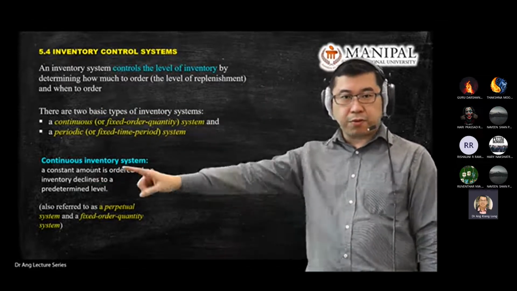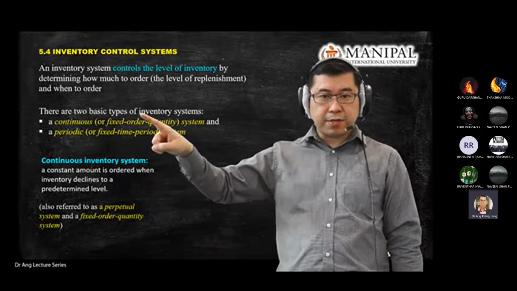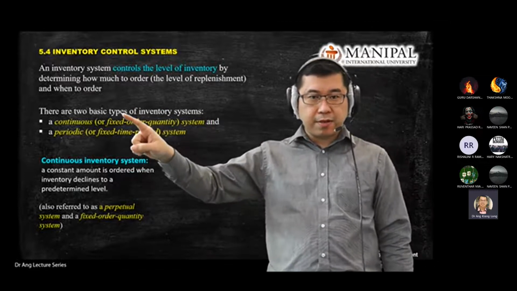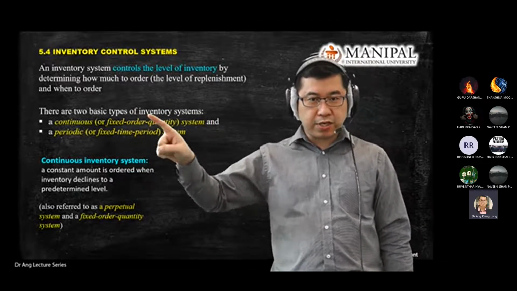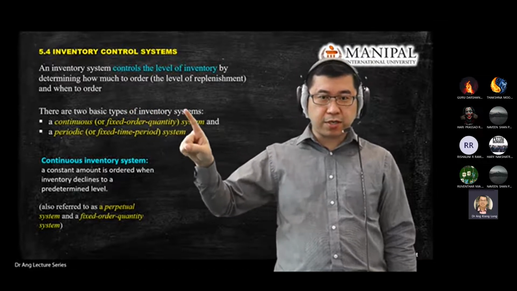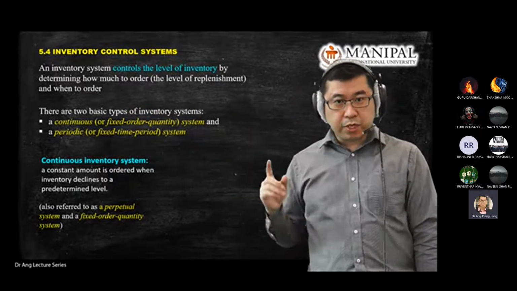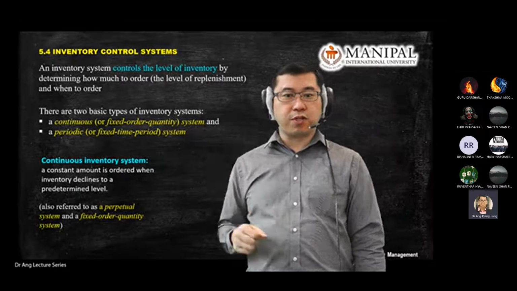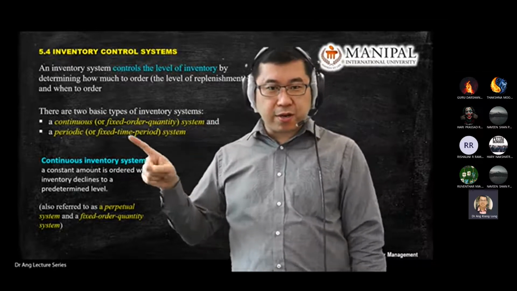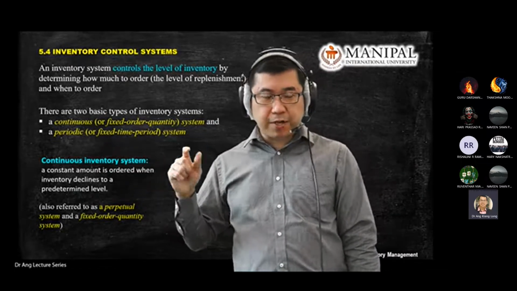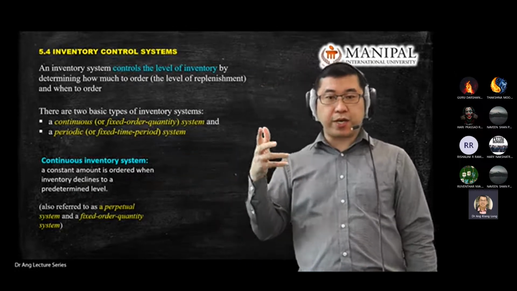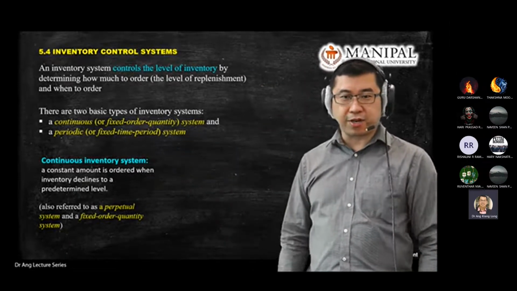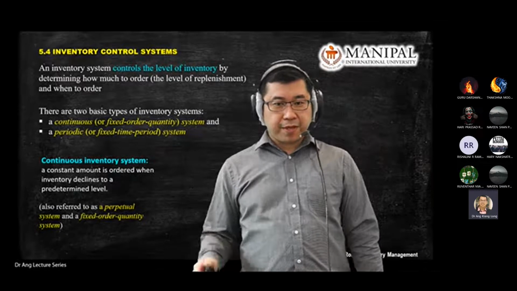Sometimes I will just guide you in a question, I will just mention fixed order quantity system, so that you know, okay, this one you need to focus on order, right? Or I use fixed time period system in the question, so you know, okay, I need to focus on time in the calculation.